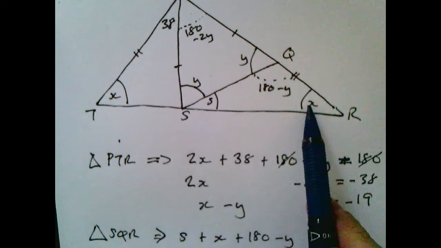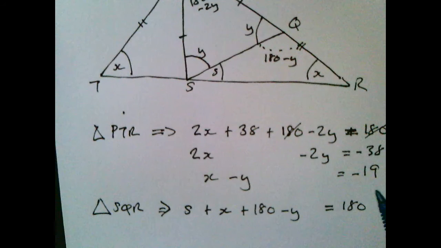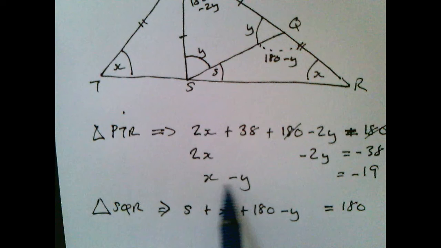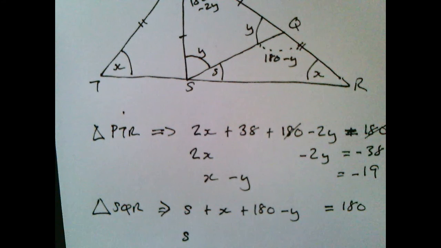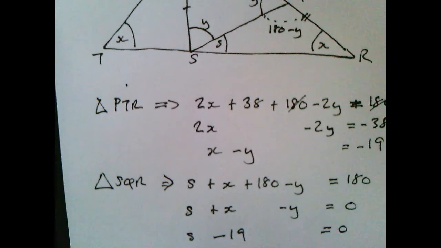So that plus that plus that is 180. Now, at this point, hopefully beginning to see we've got x minus y and x minus y. So we can start rearranging. S plus x minus y is 0. Okay, so S plus that, minus 19. Oops, S minus 19 is 0, so S is 19. There's our answer.